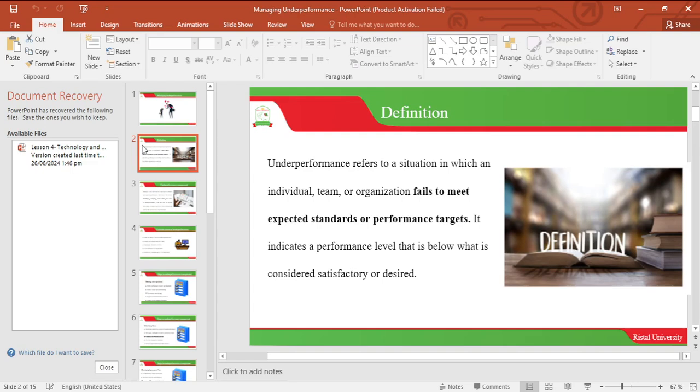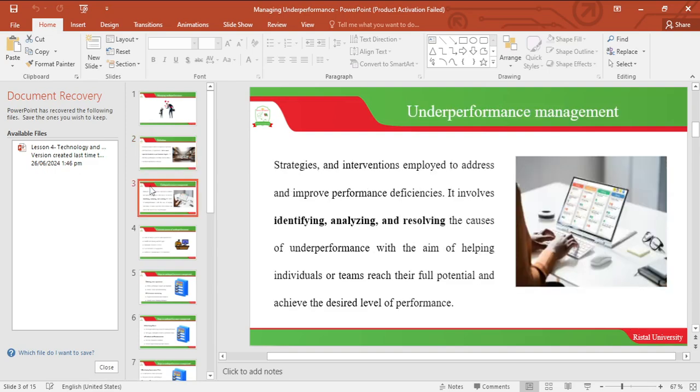So that's the definition of underperformance. It's basically where you don't meet the required standard, or your performance is below the standard set by the organization. Underperformance is also different from management of underperformance.